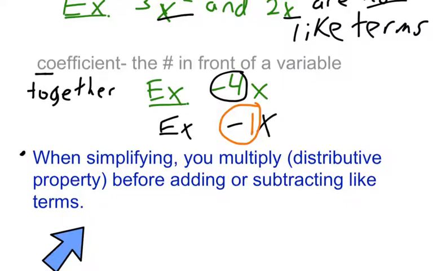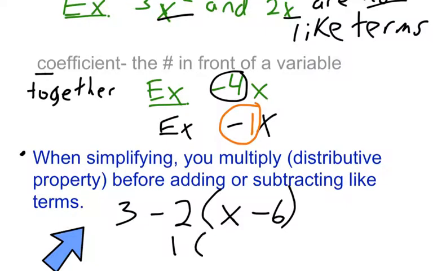So for instance, let's say we had 3 minus 2 parentheses x minus 6. So it would be wrong to say 3 minus 2 is 1 and then x minus 6. That would be wrong. Because we don't subtract first, we multiply first.